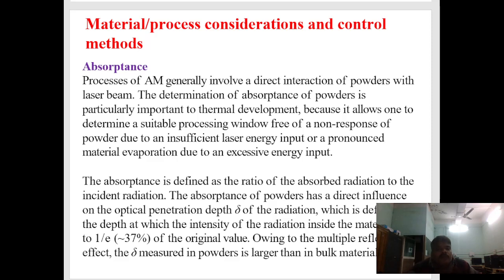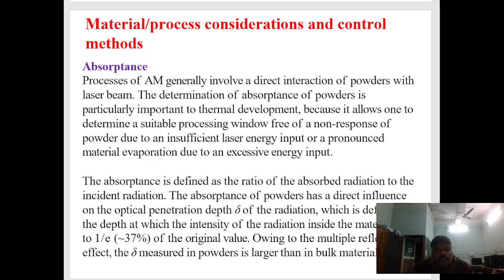The process of additive manufacturing generally involves a direct interaction of powders with the laser beam. The determination of absorption of powder is particularly important to thermal development because it allows one to determine a suitable processing window free of non-response of powder due to insufficient laser energy input or pronounced material evaporation due to excessive energy input.